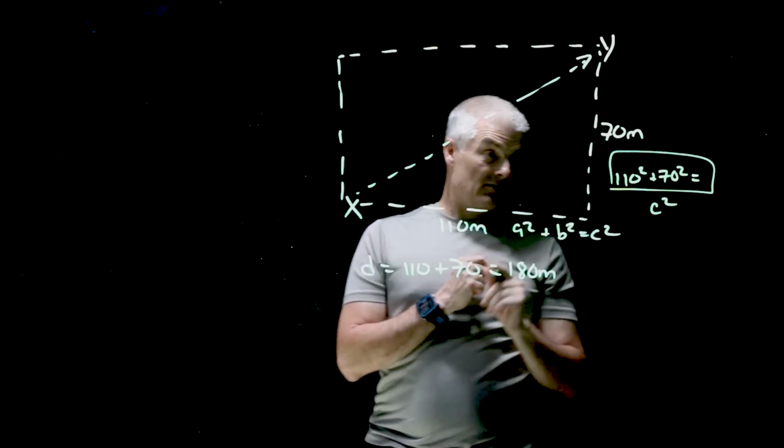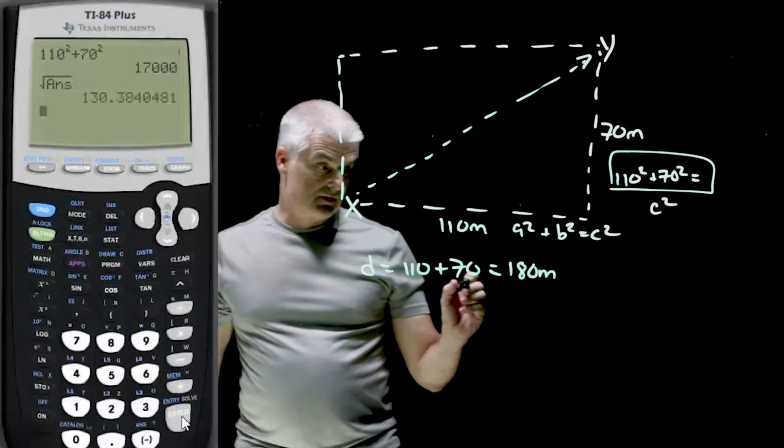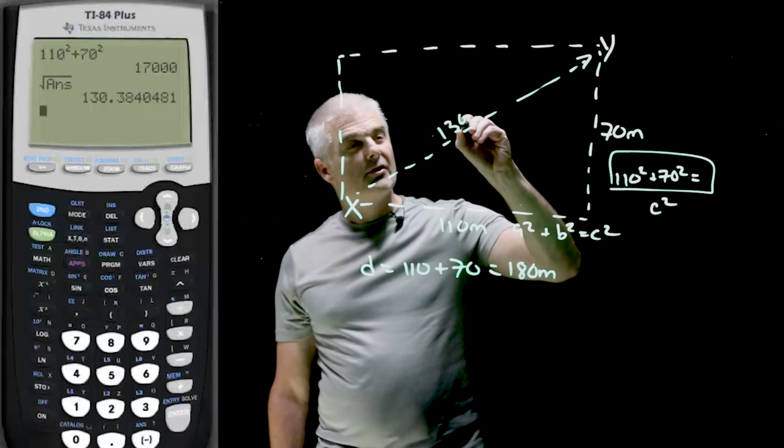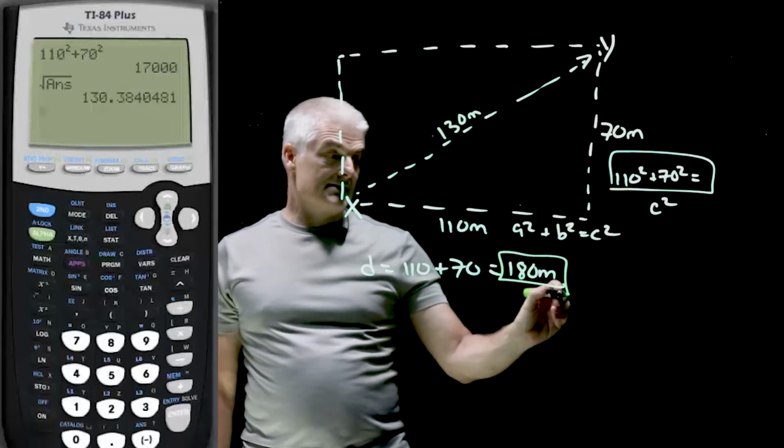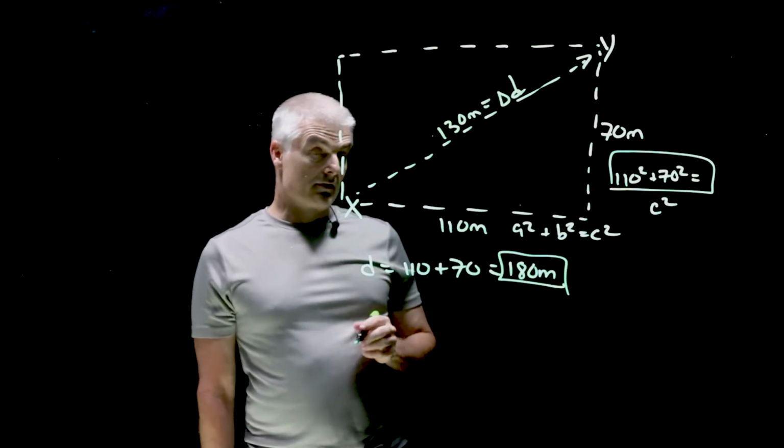So we can add that in our calculator. We take 110 squared plus 70 squared, which gives us the 17,000 number, and I can say second function, square root of the answer, and his actual displacement, as you can see, is 130 meters. See, his distance is 180, but his displacement is 130 meters.